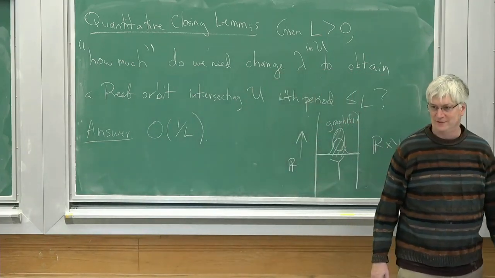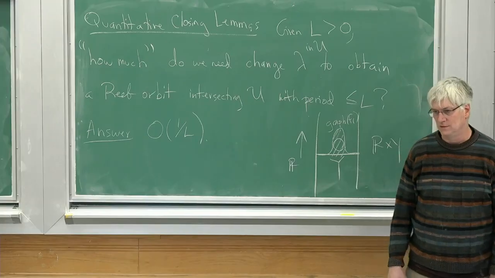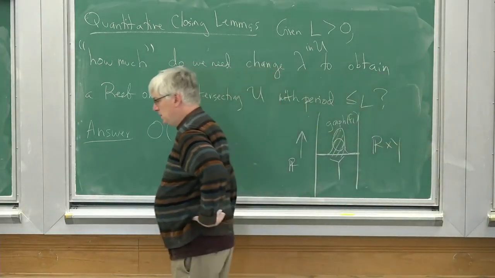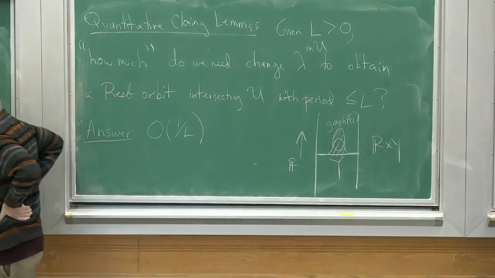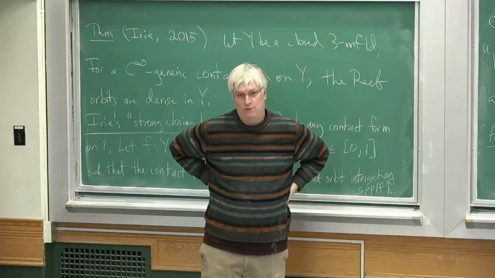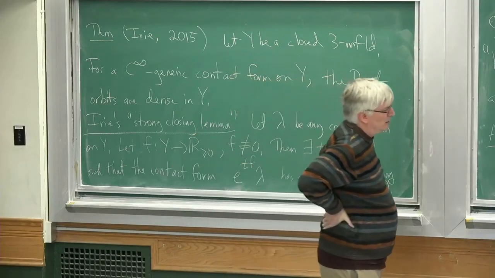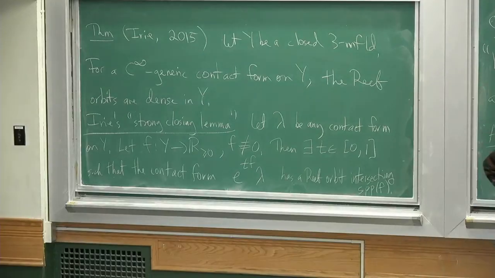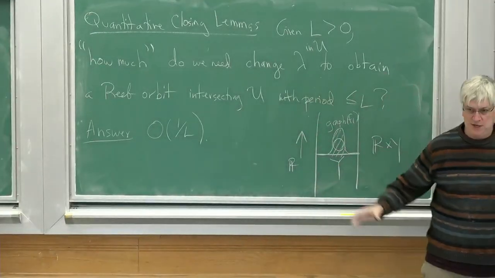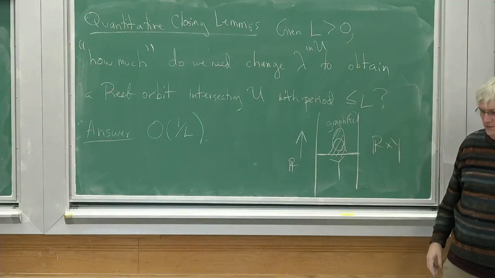How do they distribute with respect to the measure induced by the contact form? Sorry. Yeah. So if you want to say how do all of the Reeb orbits distribute, I have no idea. Irie proved a refinement of this result, which says that you can at least find a sequence of Reeb orbits which are equidistributing in certain sets.